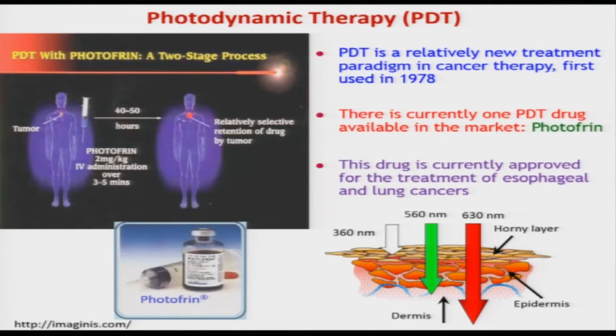Once you shine light, mostly red light, because red light penetrates the tissue more compared to other lights, this photosensitizer will be excited and eventually converts triplet oxygen to extremely reactive singlet oxygen, thereby destroying the cancer cell.